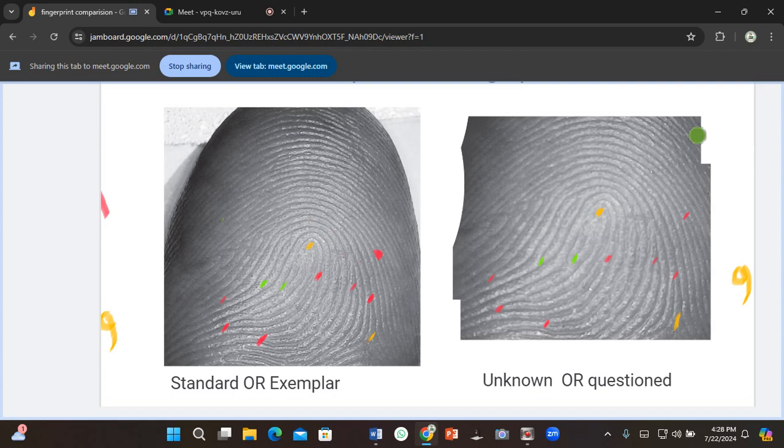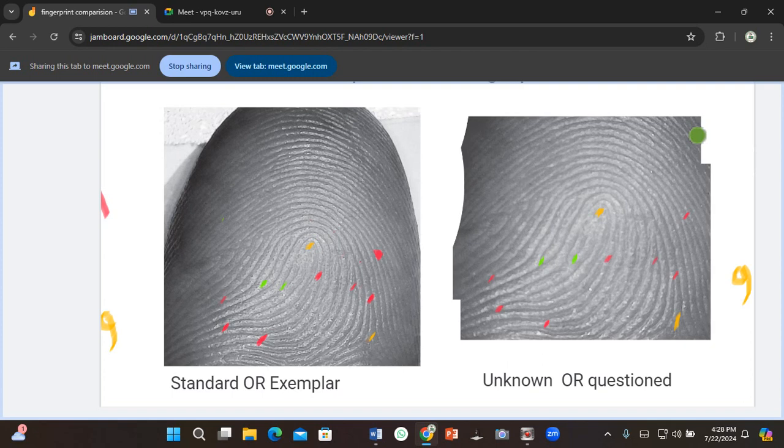That means a match, and in that case, you have identification. Then another one is exclusion. Exclusion is when you compare the two and you discover that both of them are not from the same source. Then the third one is inconclusive.